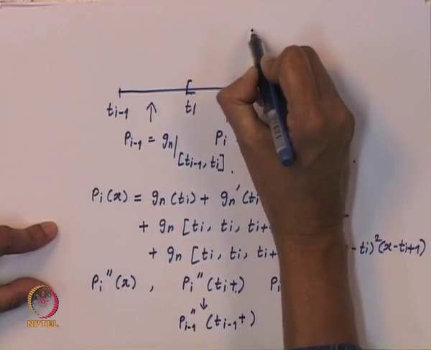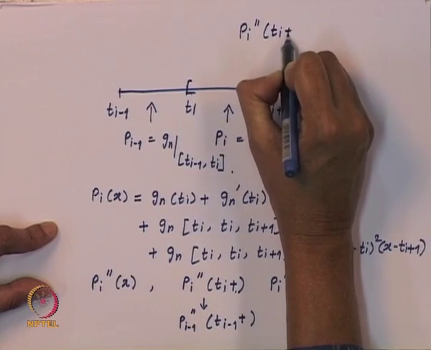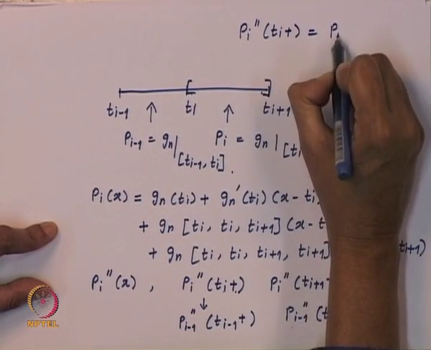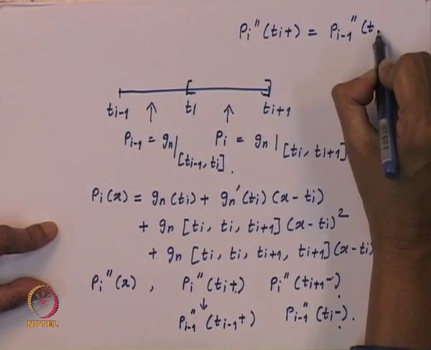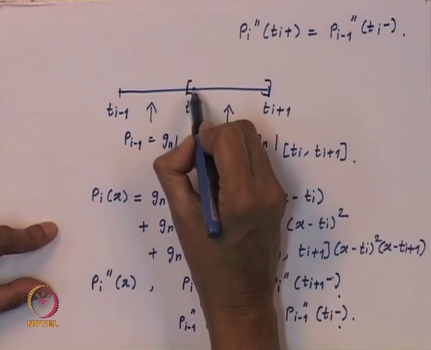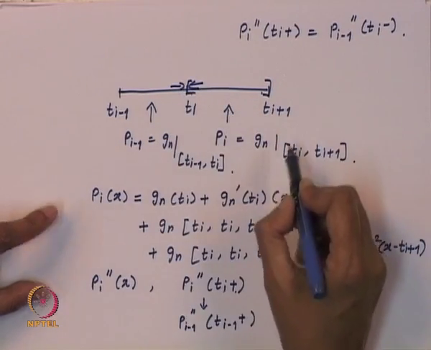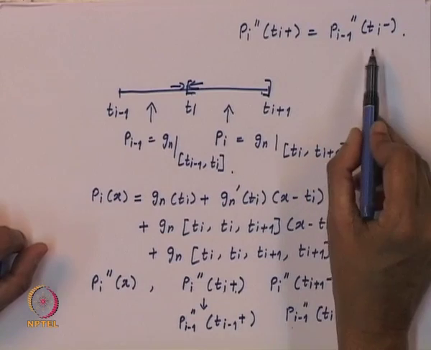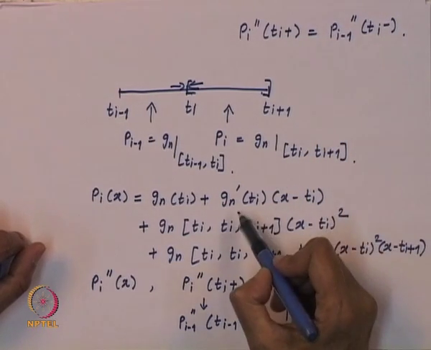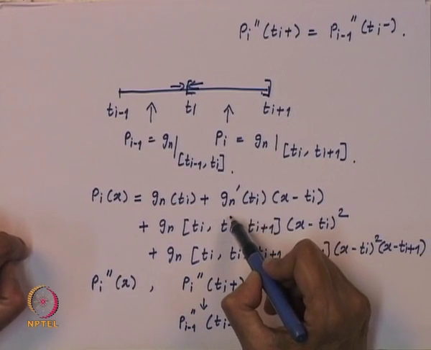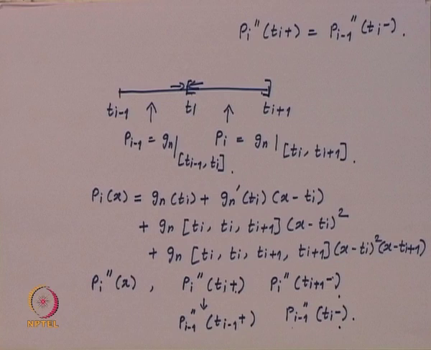What we want is p_i''(t_i+) equal to p_{i-1}''(t_i-), the value of the second derivative from the right and the value of the second derivative from the left. We equate these two and that is going to give us a relation which the derivatives should satisfy.